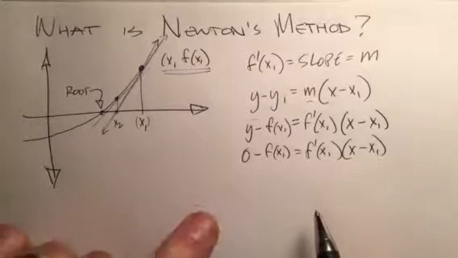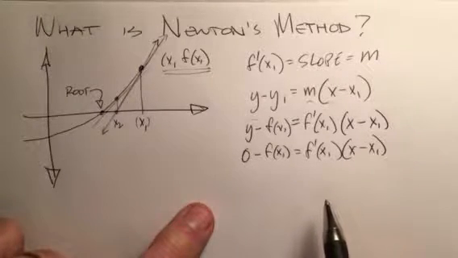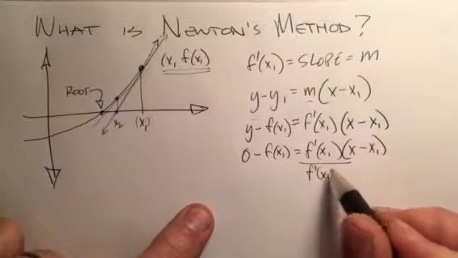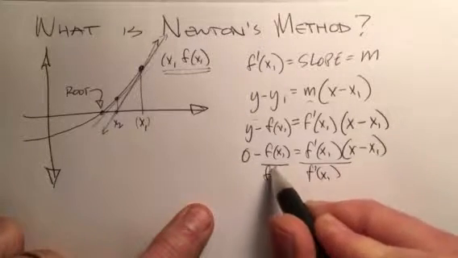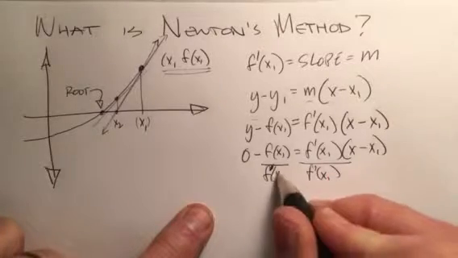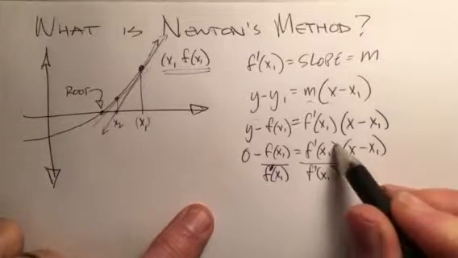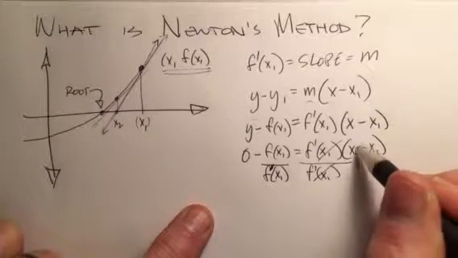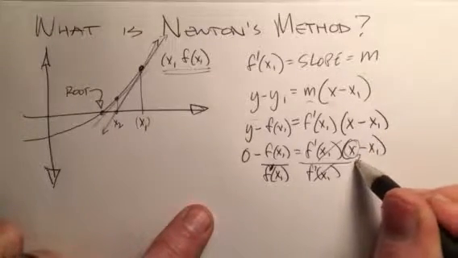All right, well, if I just divide both sides by f prime of x1, I get that over here, f prime, make sure that's the derivative at x1. I've now gotten rid of this, okay? And then I'm really interested in this x value. That's going to be my x2 value.